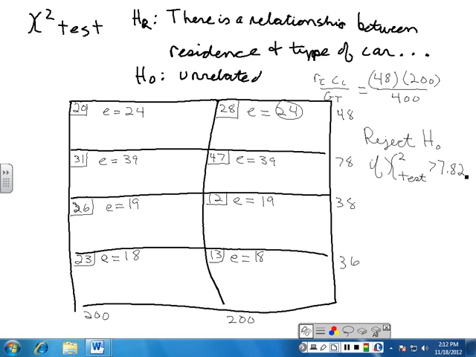If you took one row and one column off here, there'd be 3 left. Or if you just want to do it by formula, it's the number of rows minus 1 times the number of columns minus 1. There are 4 rows minus 1 times 2 columns minus 1. And of course, that comes out to be 3 degrees of freedom.